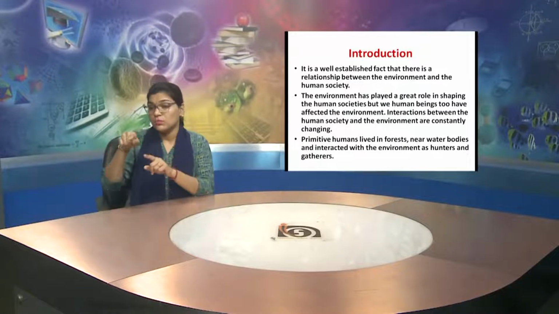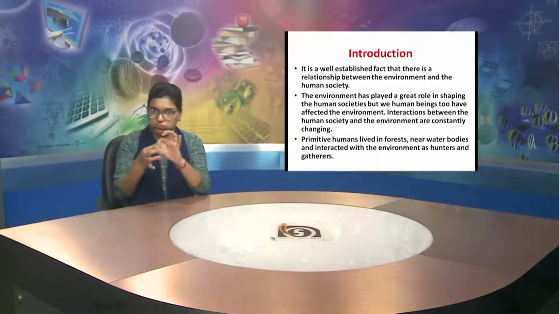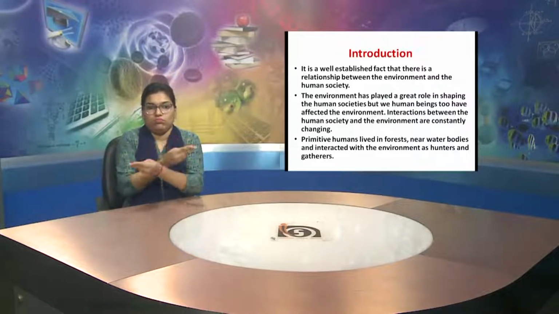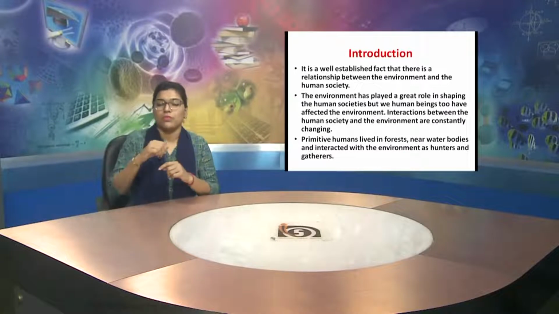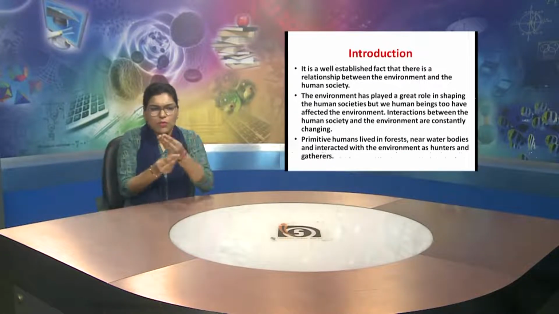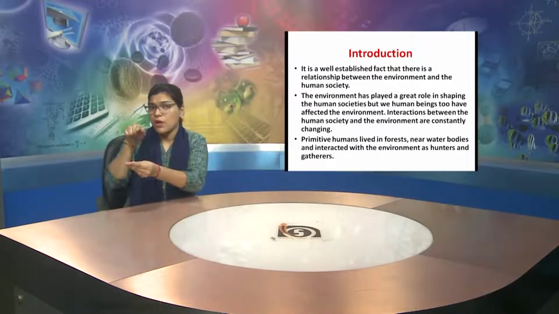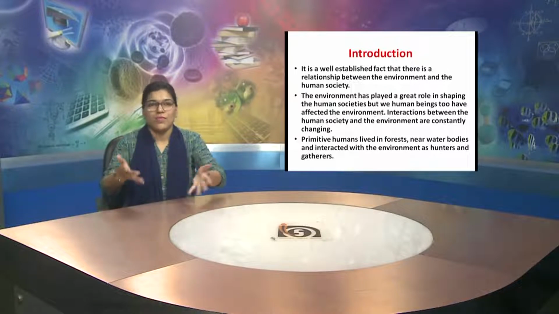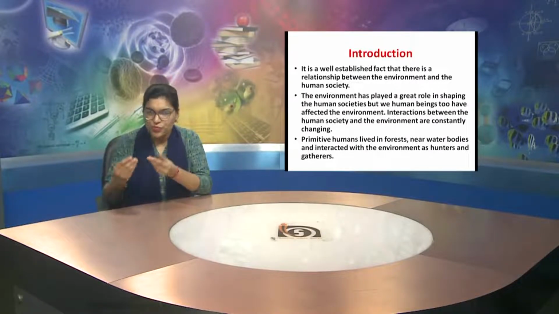The environment has played a great role in shaping the human societies. But we human beings, who form the society, have also affected the environment. The interaction between human society and the environment is constantly changing.